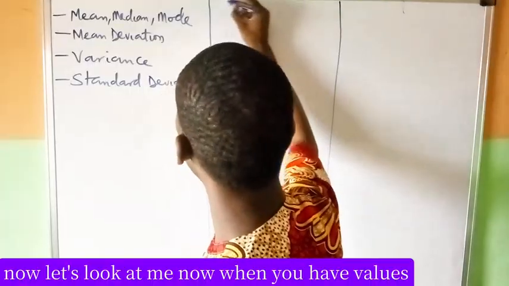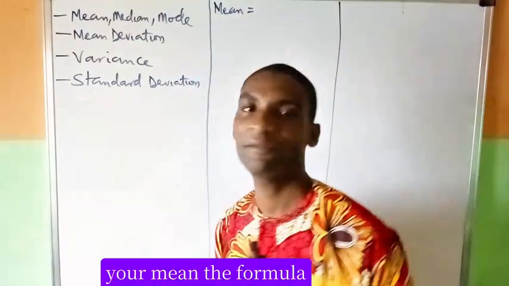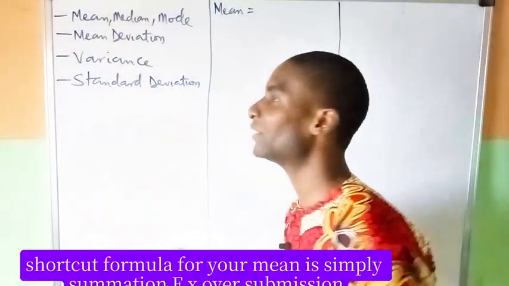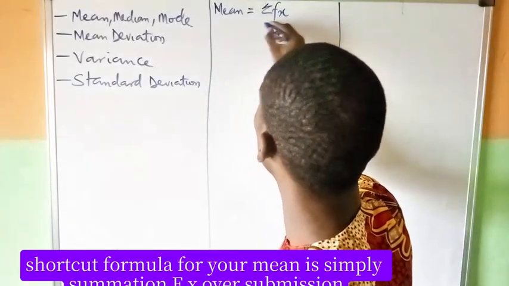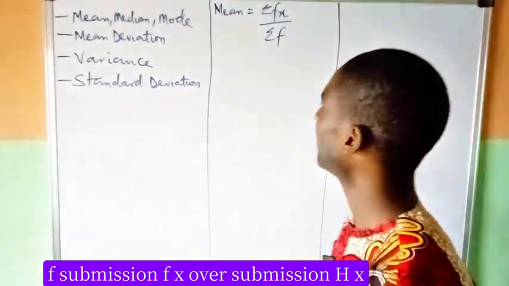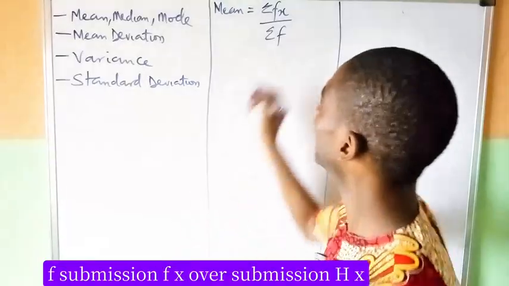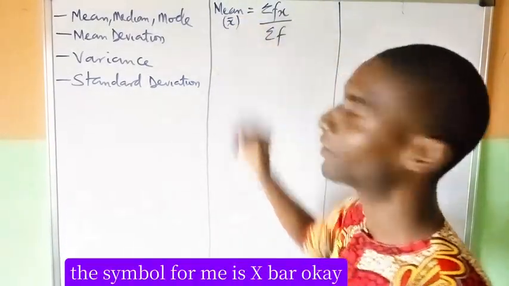When you have values, the shortcut formula for your mean is simply summation fx over summation f. The symbol for mean is x bar.